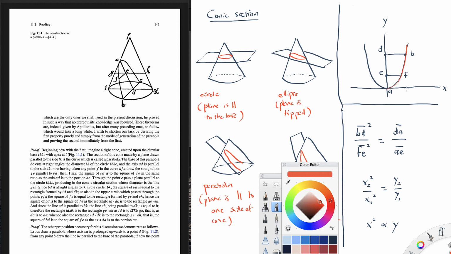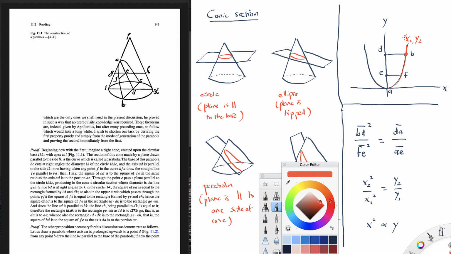This right here is a parabola because the displacement along the y-axis is proportional to the square of the displacement along the x-axis.